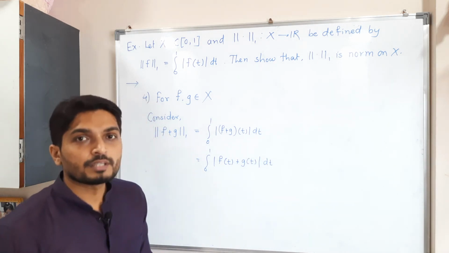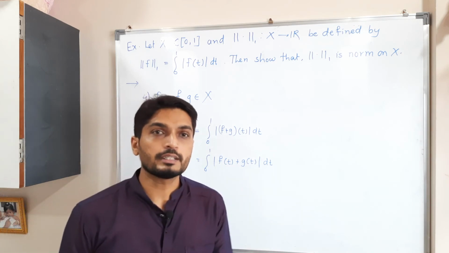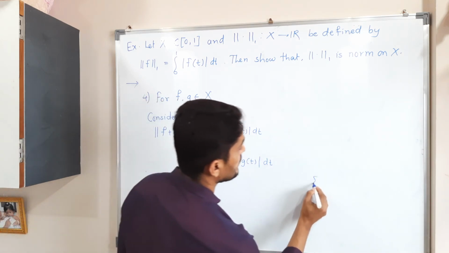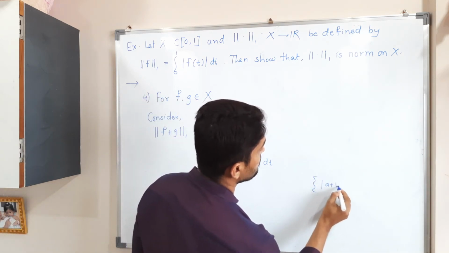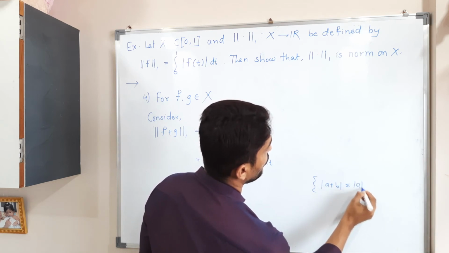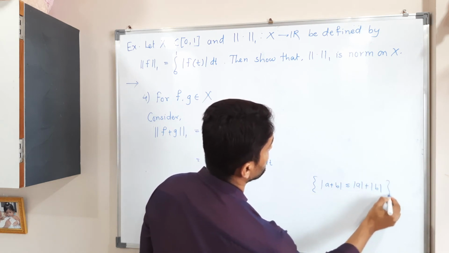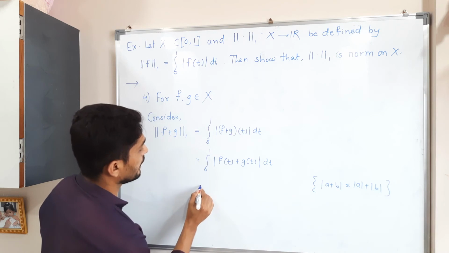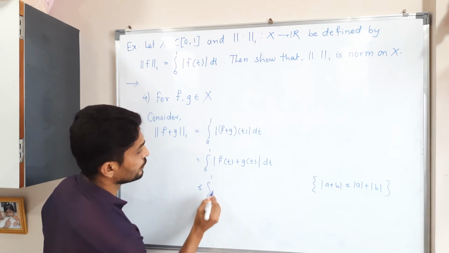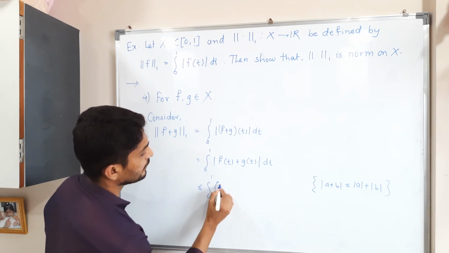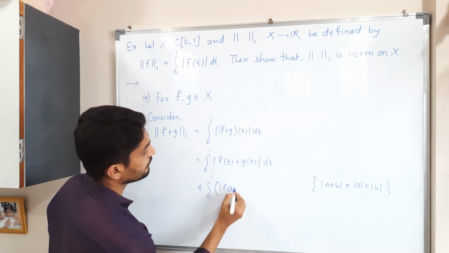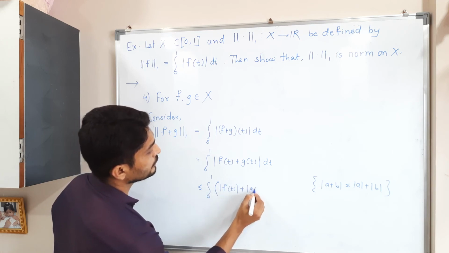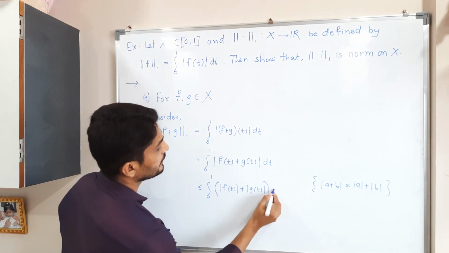You know when we take a separate mod, the value will increase. The reason is mod a plus b is less than or equal to mod a plus mod b. This is a basic thing we have. So this is less than or equal to integration 0 to 1, I can write here mod f of t plus mod g of t dt.